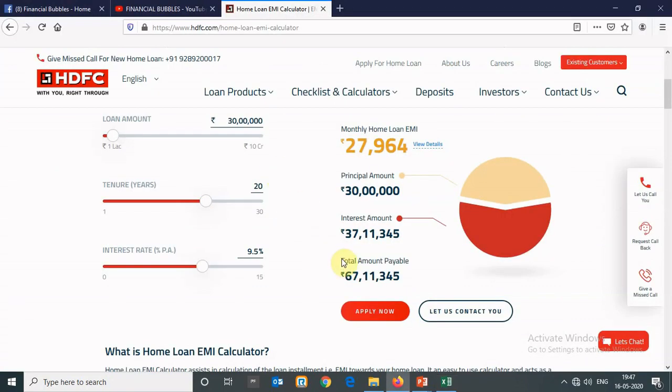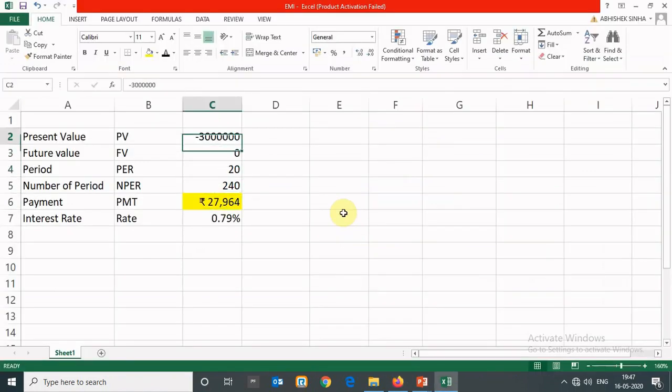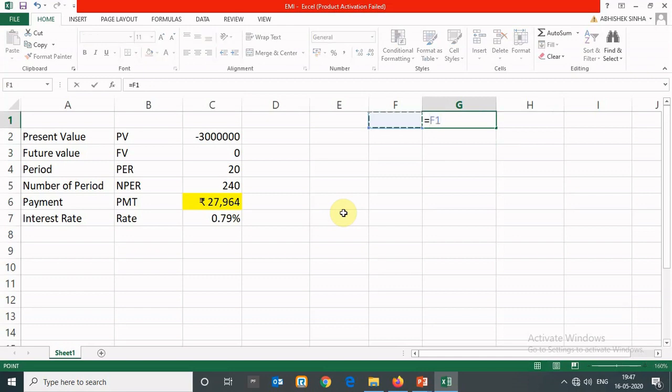We can check it by using other examples. As we know, there is an EMI. So what are the principal and interest amounts? The principal amount is obviously this, and what will be the interest amount for the whole loan period?